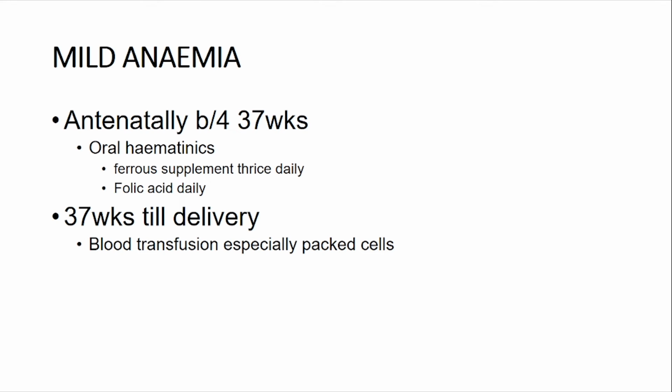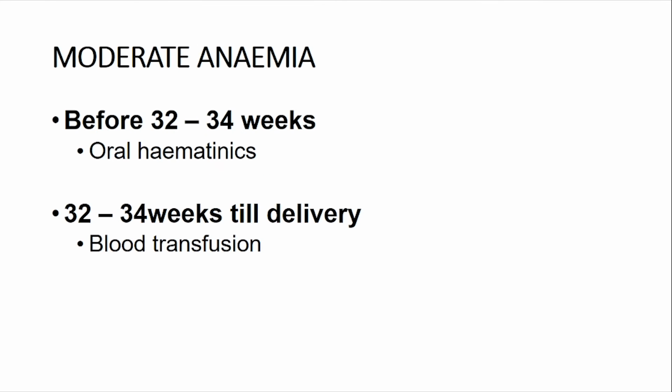One can give ferrous sulfate 200 mg 3 times daily and folic acid 5 mg daily. And from 37 weeks till delivery, blood transfusion, especially packed cells, is encouraged to be given for patients that have anemia from term, 37 completed weeks till delivery.